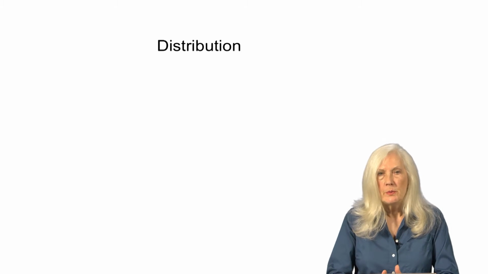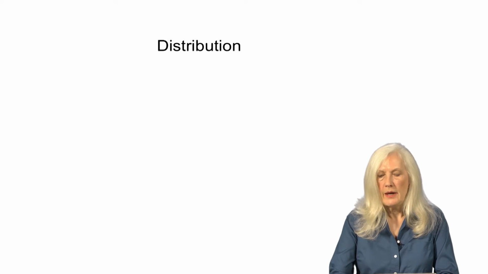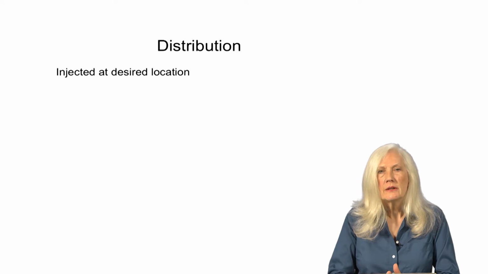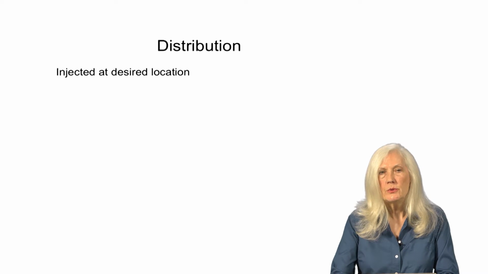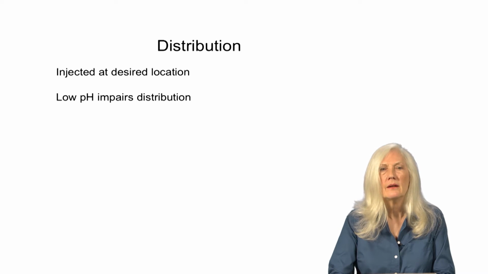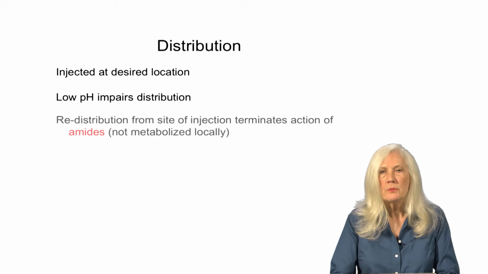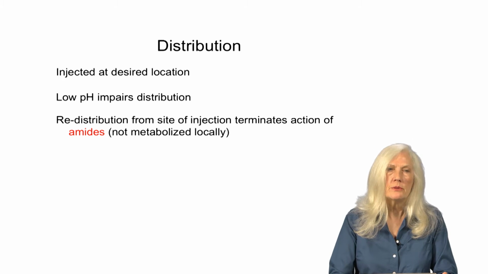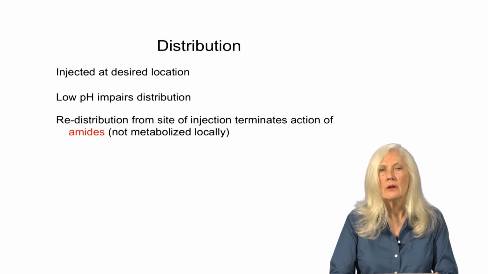To summarize the distribution of these drugs, we know that they're usually injected directly into the desired location. We know that a low tissue pH impairs the distribution of the drug into the tissue. And redistribution is very important for the duration of action of amide-type local anesthetics. They're not metabolized locally, so redistribution away from the site of injection terminates their action.